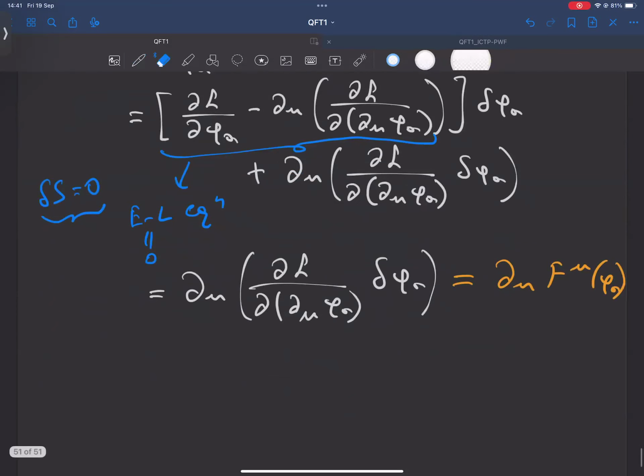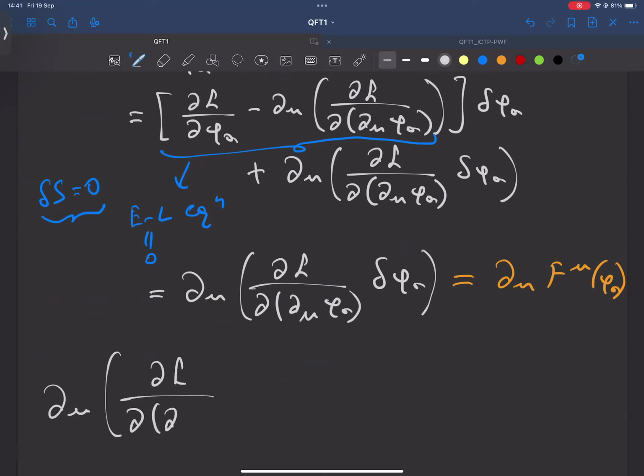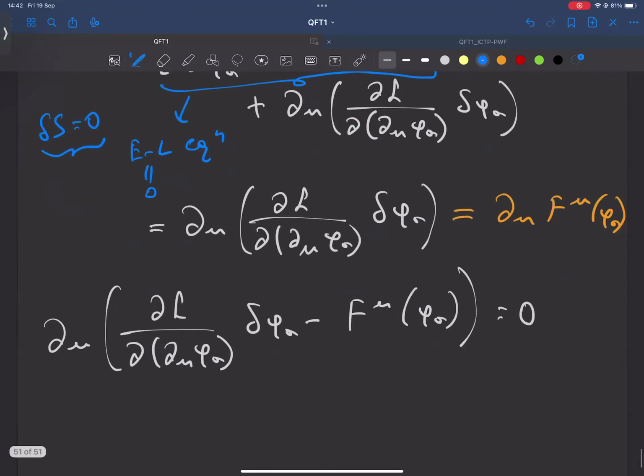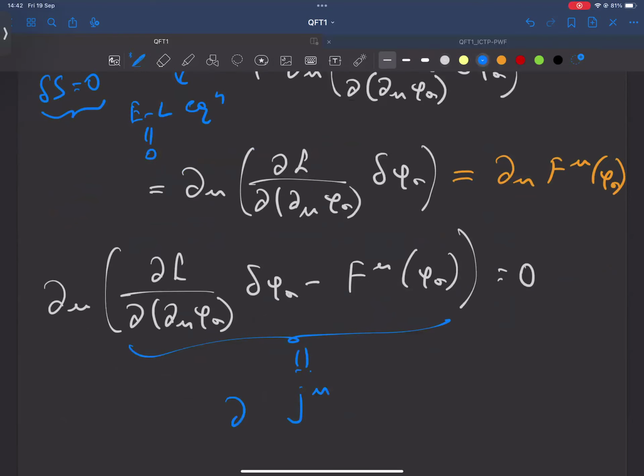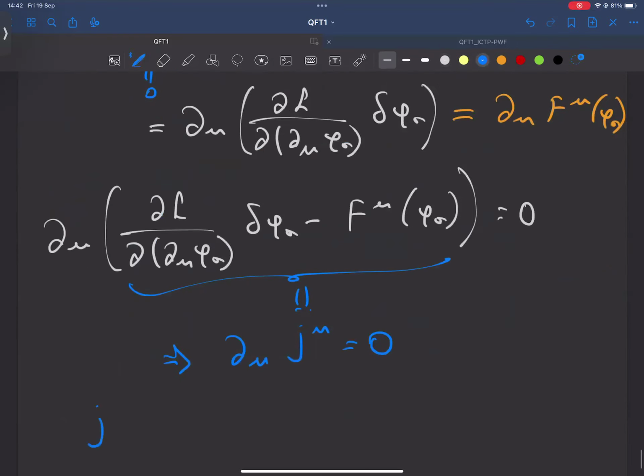So this means that you can bring the f to this side and you get a quantity like this, minus f mu, a function of the fields, equals 0. And this object you can define as your Noether current. Okay, so J mu is your Noether current.